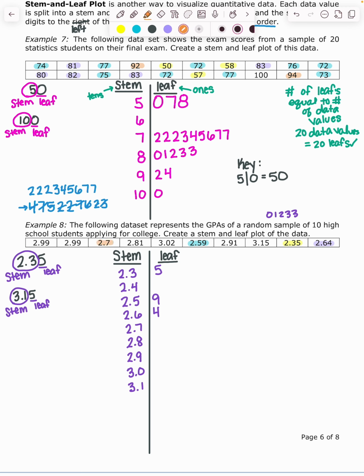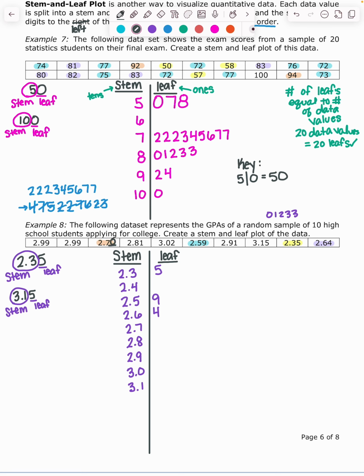Now this is a tricky one because the number says just 2.7. So the question is, what is the third digit to this number? Well, in the decimals, if it just stops, we can fill in those empty decimal values with zeros.